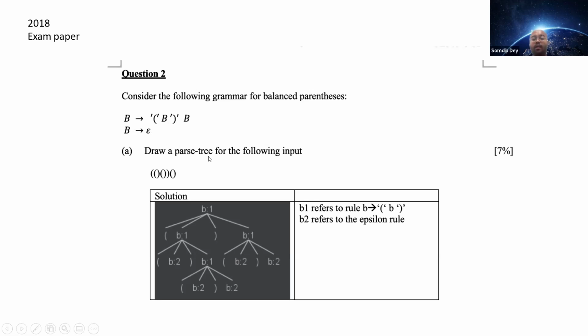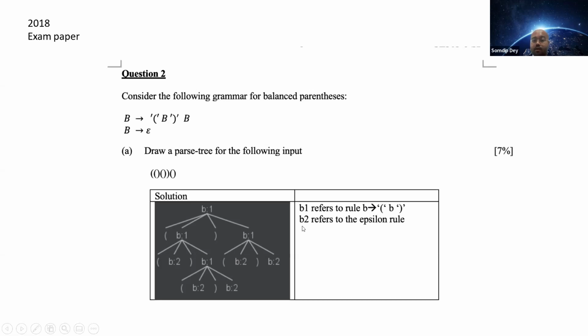So if your input is like this, the brackets, as you can see, the way you can generate the parse tree is from the production rules, by trying to simplify them. Let's say you refer to B1 as your own production rule, which is B produces B within brackets.